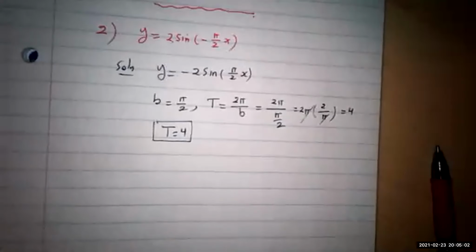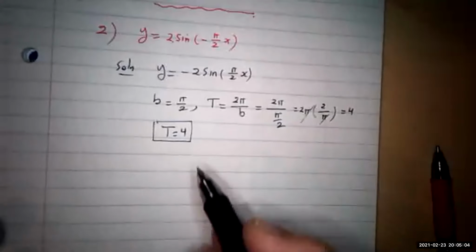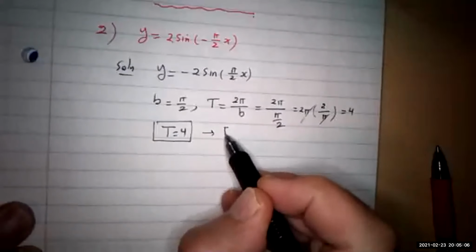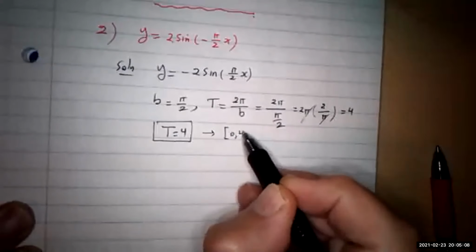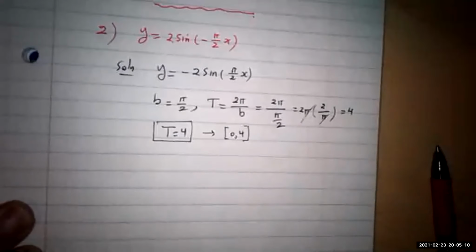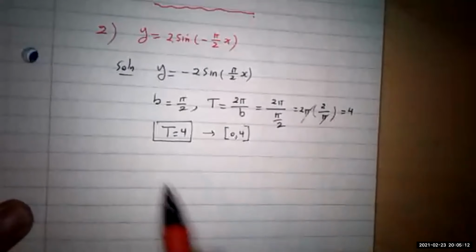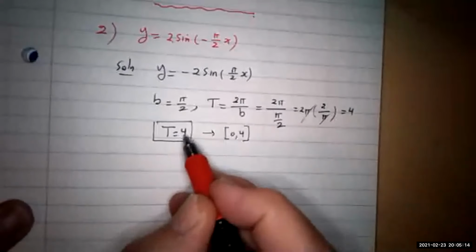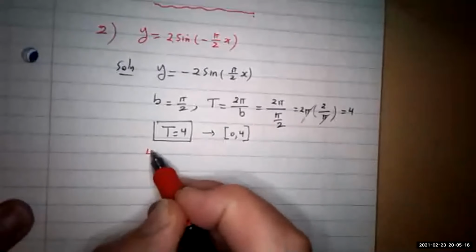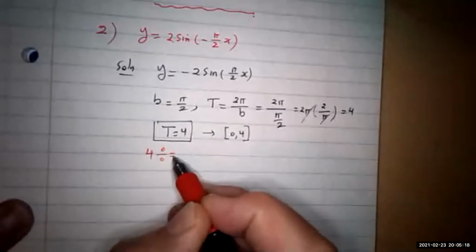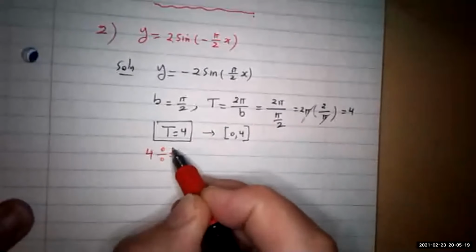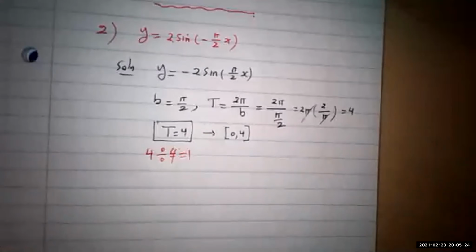So the interval that you're going to graph this function for is going to be 0 to 24. So what you do is you divide it by 4. That period divided by 4 gives you the length of each subinterval. We always divide by 4 because we know that in the case of the sine, you saw what would happen in the 4 subintervals.